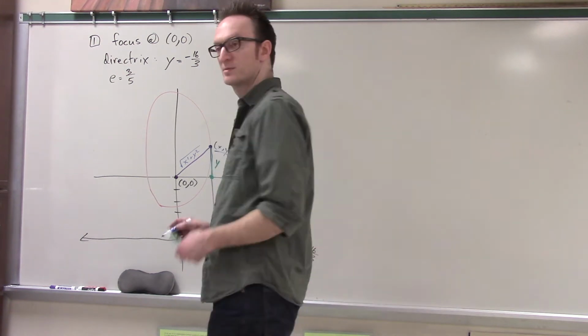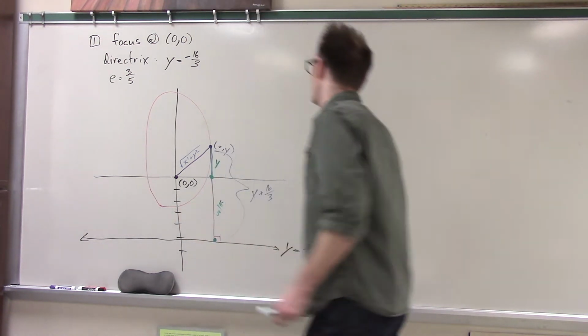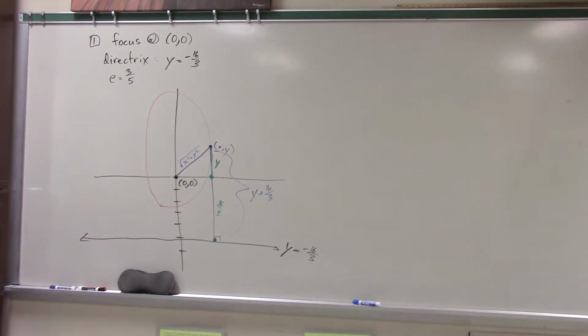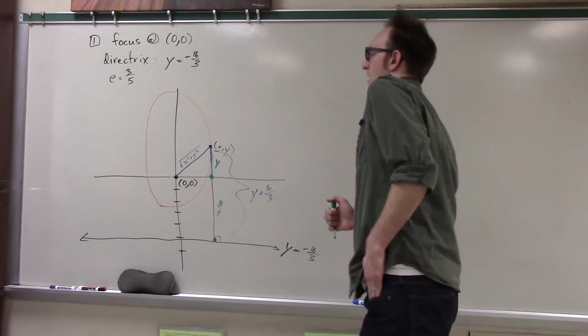Does that make sense? Alright, so once you understand the definition of the conic, and once you've made the picture and do the geometry, then you can just state the fact.